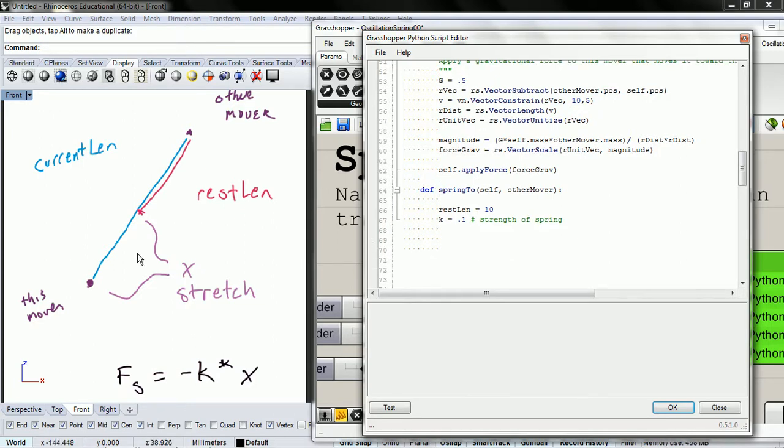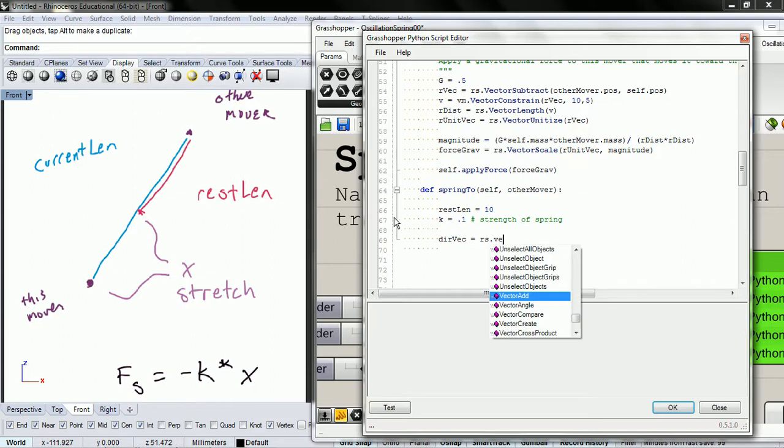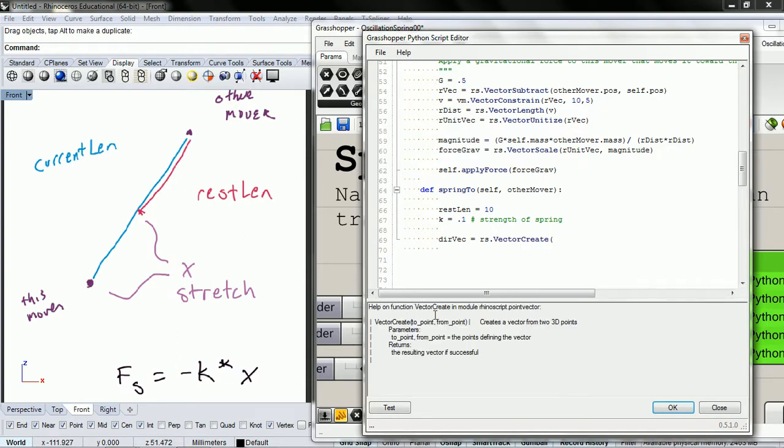Okay, so now let's get the direction of the vector from this mover to other mover, and so we're going to call that direction_vector, and it's going to be rs.vector_create, 2 point from point. So the 2 point is going to be other_mover.position, and then the from point is going to be self.position.